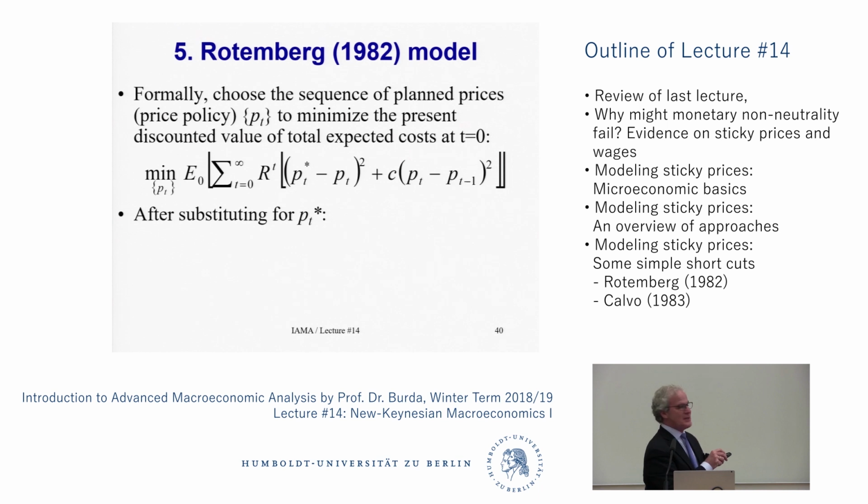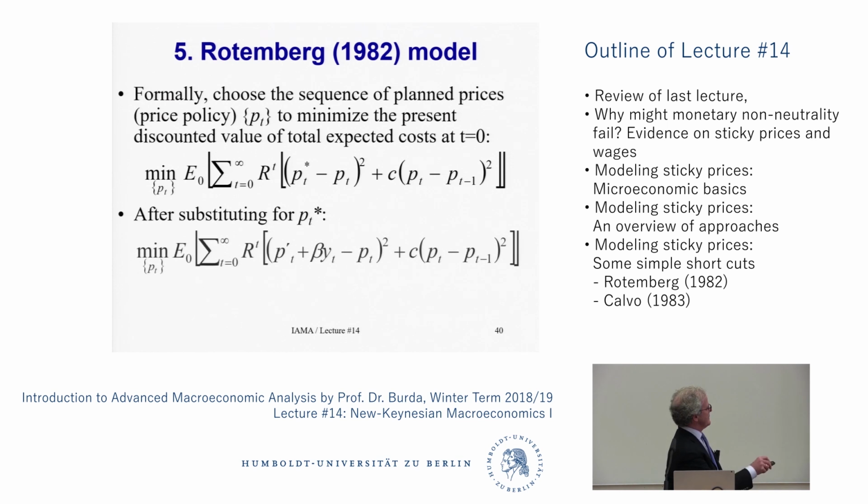Now, after you substitute for P star, we know what P star is because we have the equation for P star. So we can plug it in. P star is given to the firm by its environment. So we get this. We basically see, that's a choice variable of the firm, and this is a choice variable of the firm. So when you write down the first order necessary conditions, you'll see that the firm is always doing this trade-off between getting to where I have to go, but not going too fast.